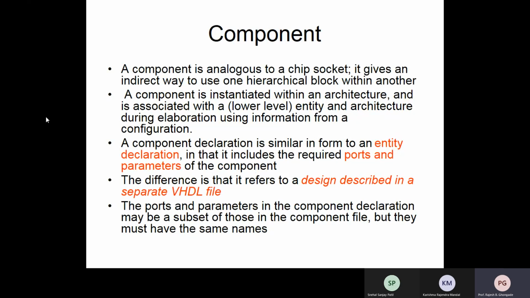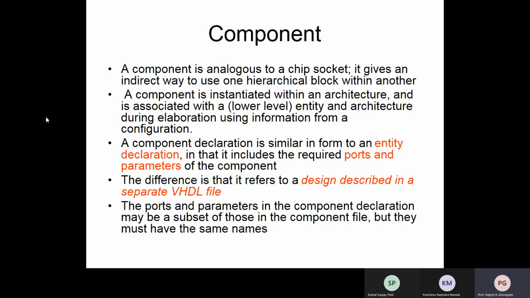Its declaration is similar in form to an entity declaration in that it includes the required ports and parameters of the component. Here the difference is that it refers to the design described in a separate VHDL file. So you are writing the component somewhere else and then you are calling it up.